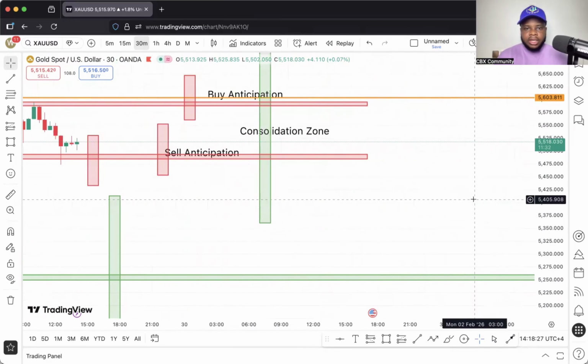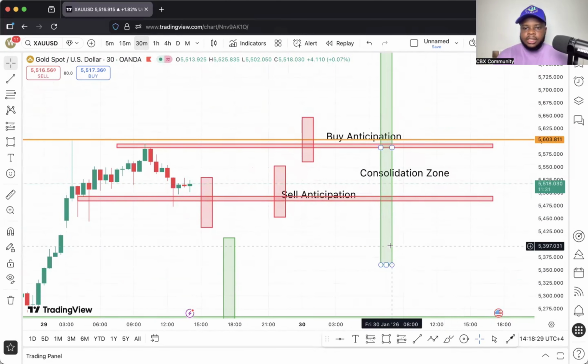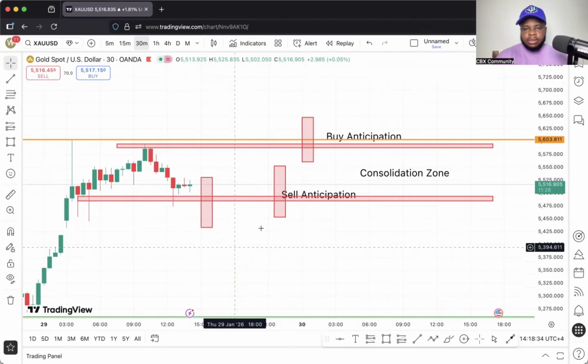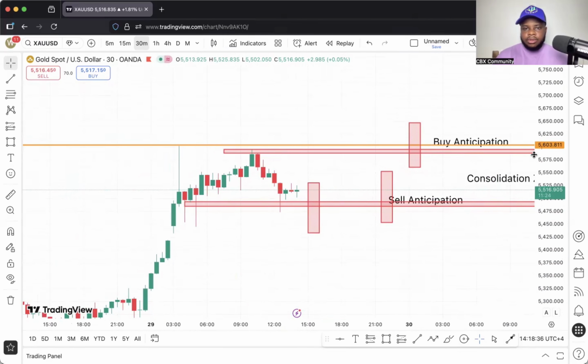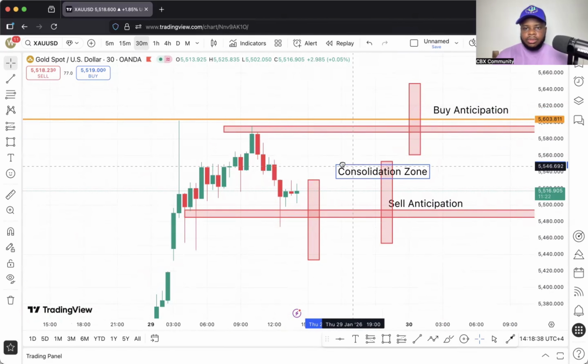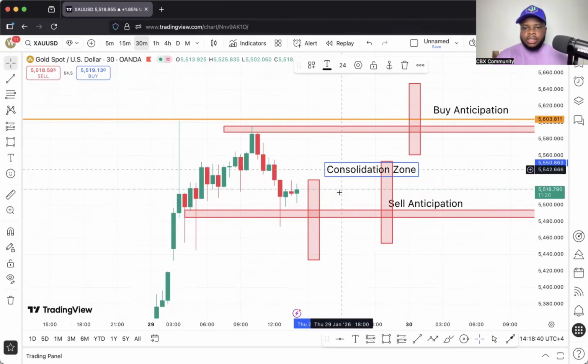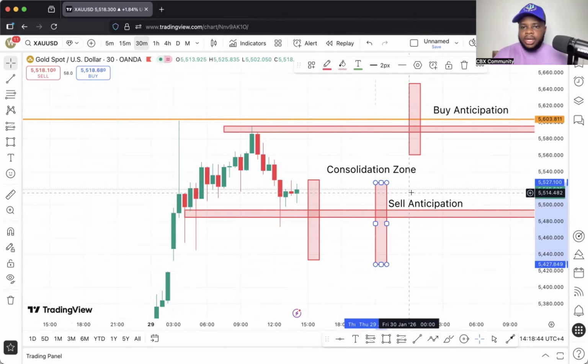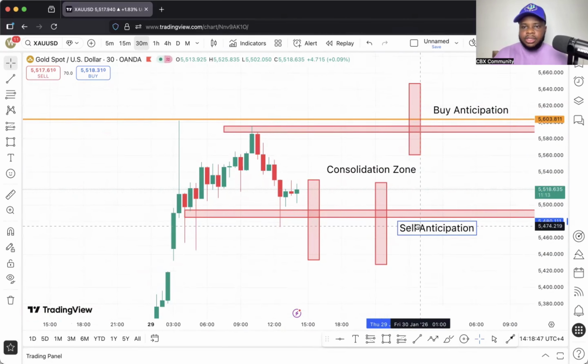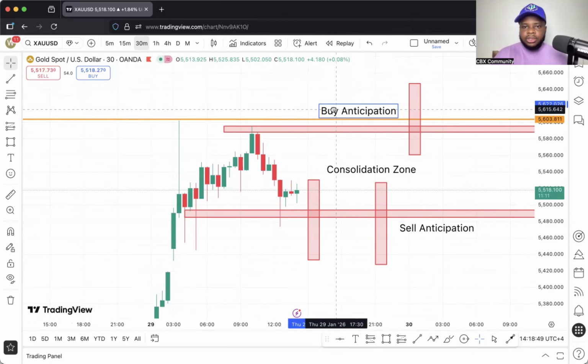So for us to have a clear chart, we don't need this. We don't need this. From this resistance zone down to this support zone is a consolidation zone. So we don't need to do anything, while our sell anticipation is here, and then our buy anticipation is here.